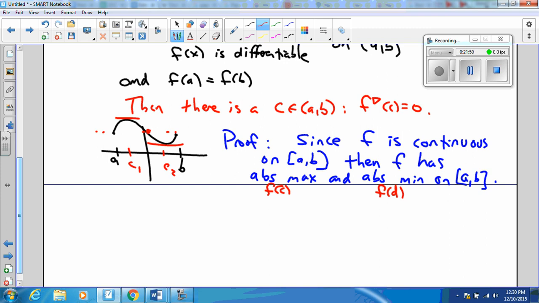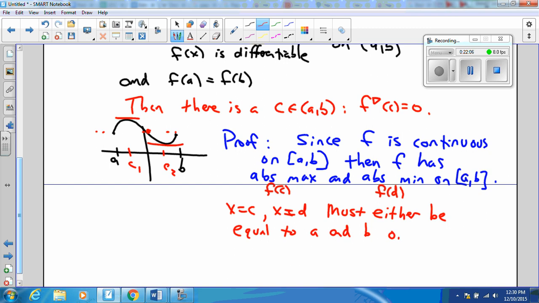So x equals c and x equals d must either be equal to a and b or be critical points, because they are locations for absolute maxes and mins.